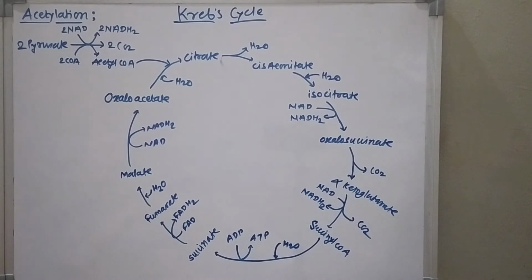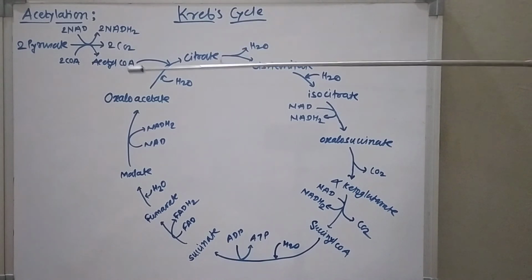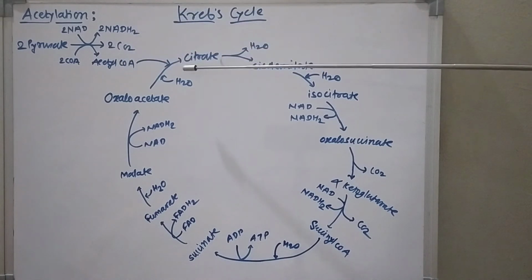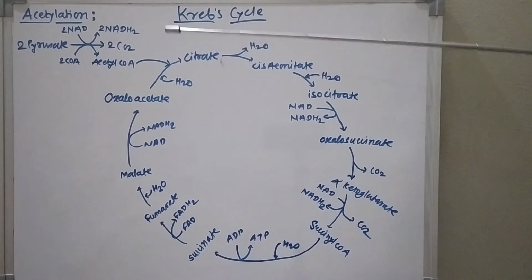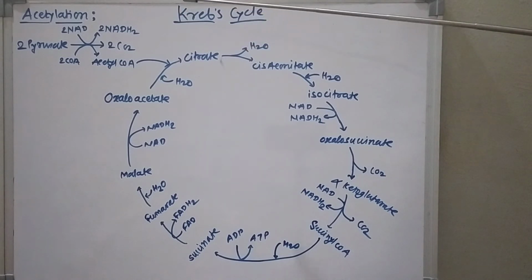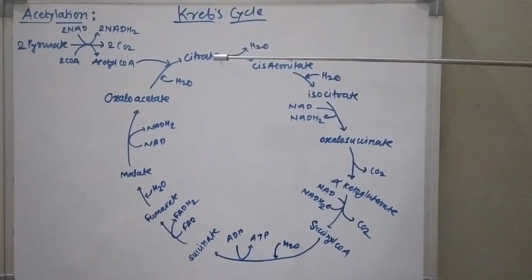Chemically, it is a tricarboxylic acid, and hence the Krebs cycle is also called the citric acid cycle or tricarboxylic acid cycle, shortly TCA. The acetyl coenzyme A now enters the matrix of mitochondria, where various enzymes as well as coenzymes are present.